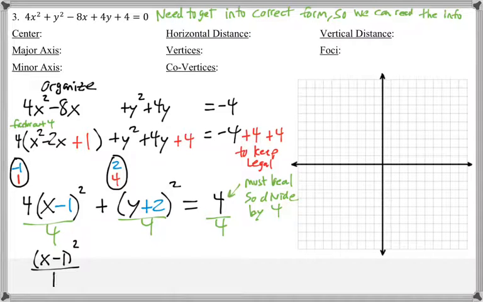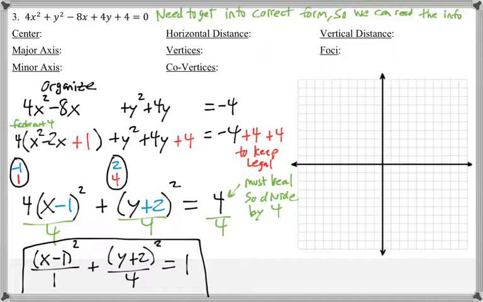I'm going to put the 1 here. You don't have to put any number, but it makes it easier to read the information if you put the 1 here. But it can technically be implied if you don't put anything there. So plus y plus 2 squared over 4 is equal to 1. Let me erase that circle. There we go. Okay, so this is our form for the ellipse.